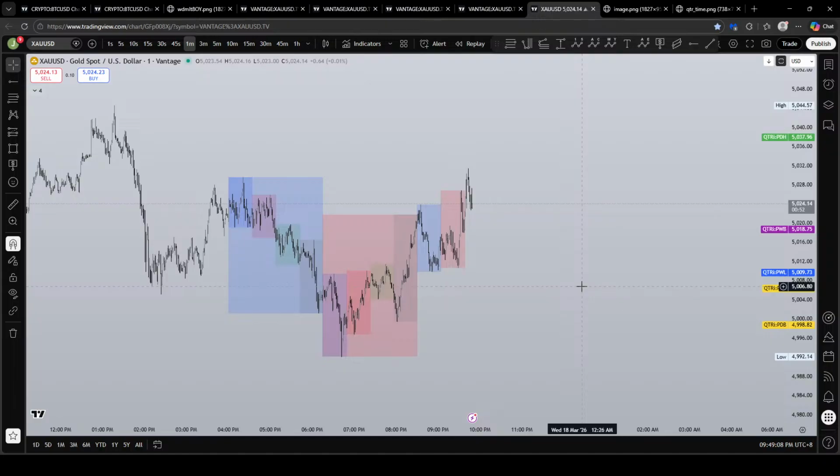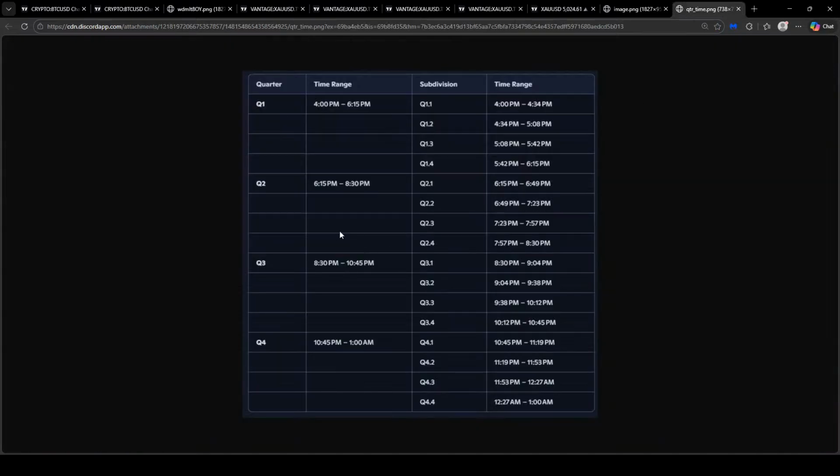To be specific, that time window is the most volatile overlapping sessions of the day, which starts at 4 p.m. and ends at 1 a.m. using GMT plus 8.